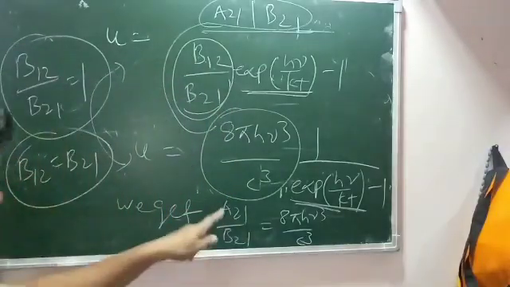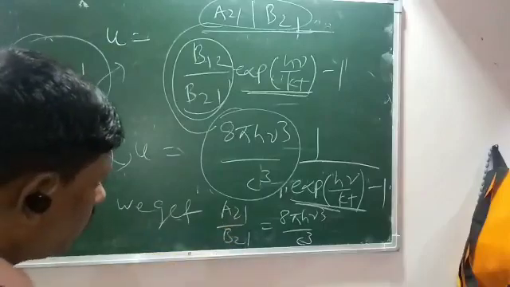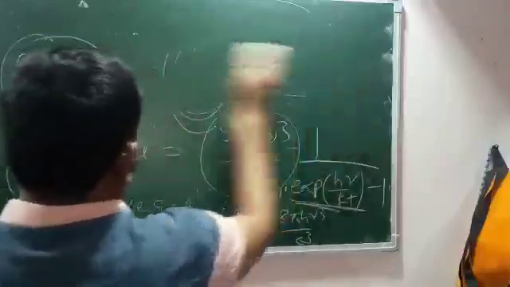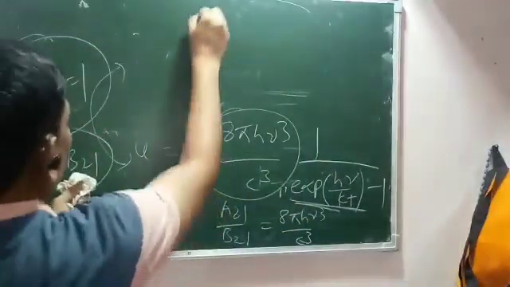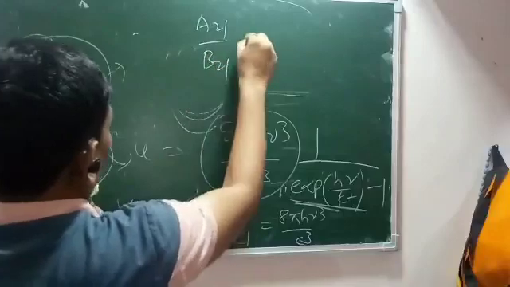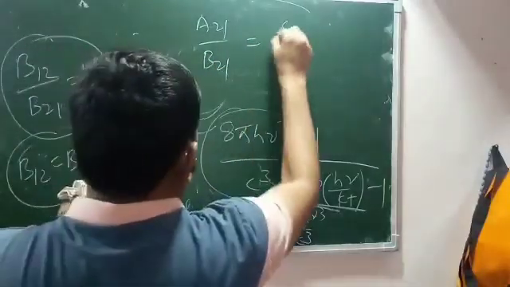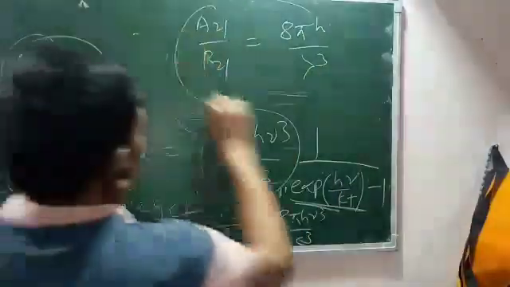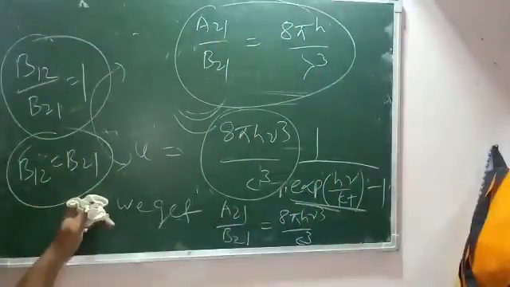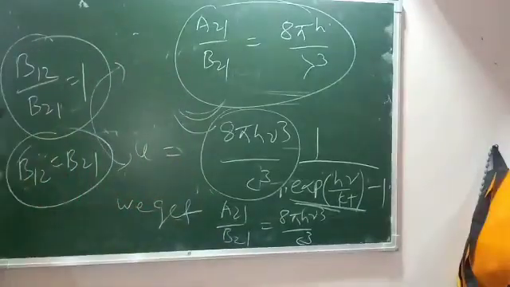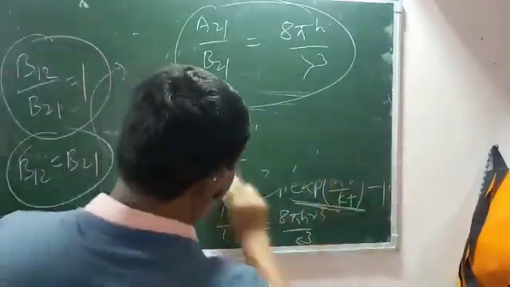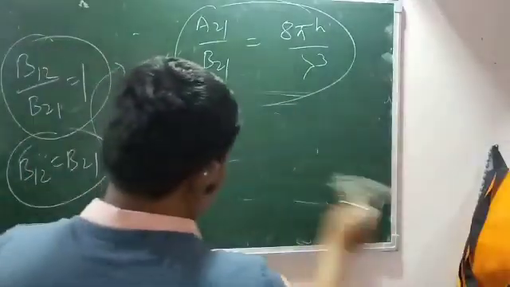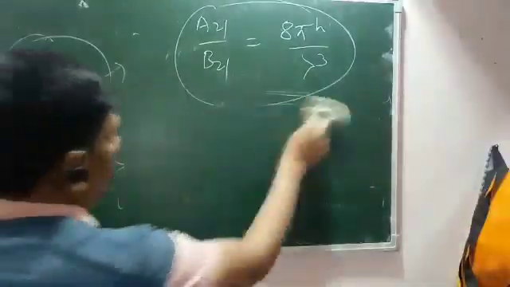The second relation, A21 by B21 equal to 8 pi h nu cube by c cube, also gives very useful information about the radiation. This is written as h by lambda cube. From these relations, we easily achieve the laser theory.